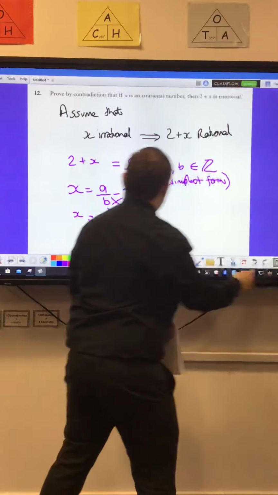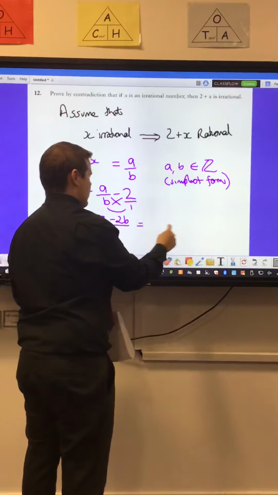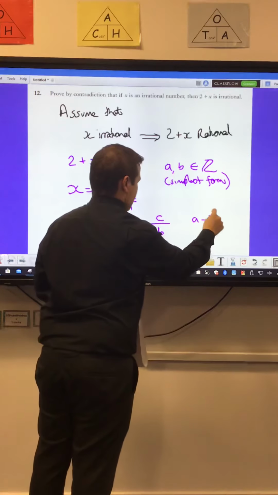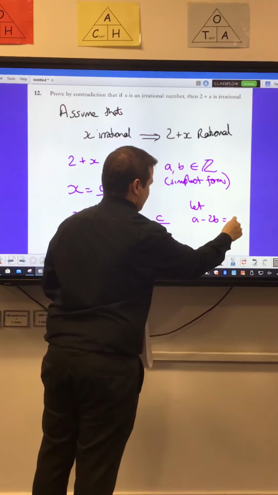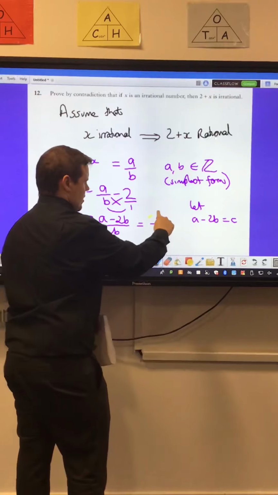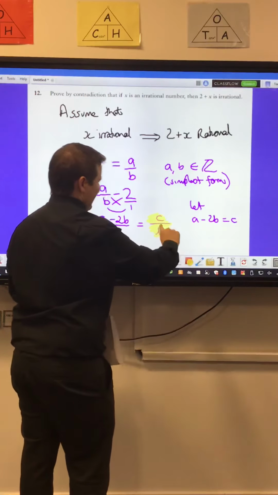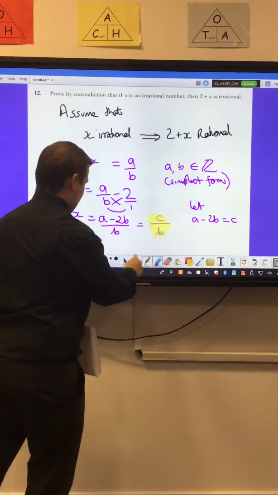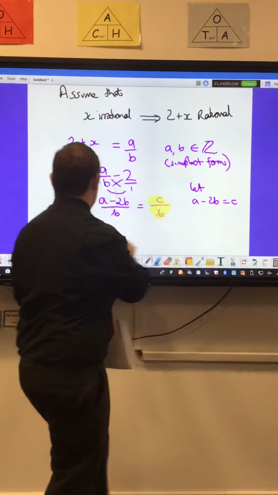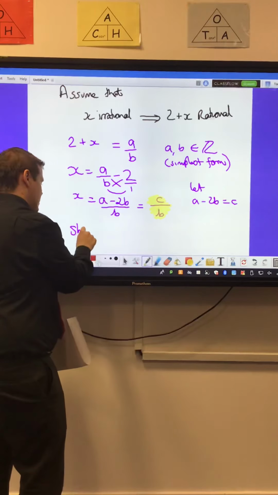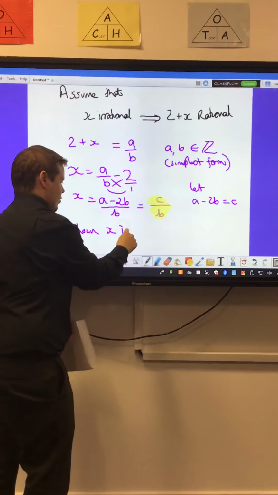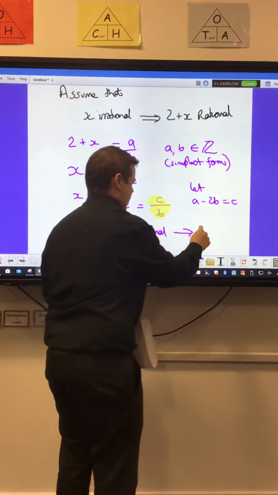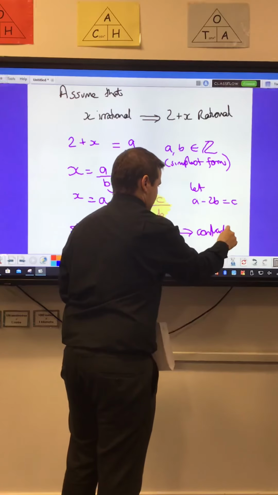And again, we could say that a minus 2b, if we let that equal c, what we've managed to do is write x as something divided by something else. They're all integers. That means that x is rational. So we've shown that x is rational. This is a contradiction.